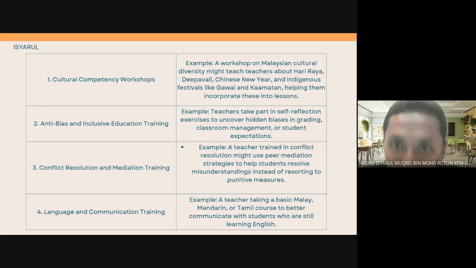For example, a workshop on Malaysian cultural diversity might teach teachers about Hari Raya, Deepavali, Chinese New Year, and indigenous festivals like Gawai or Kaamatan, which can help them to incorporate this into lessons. Okay, number two, we have anti-bias and inclusive education training.